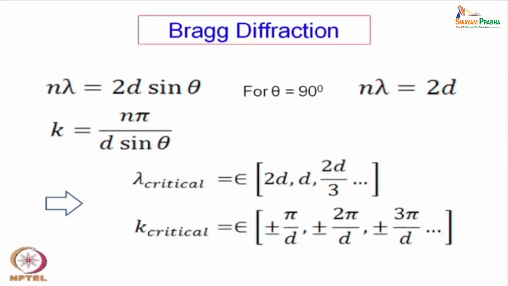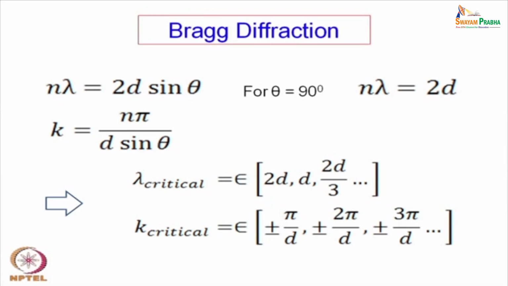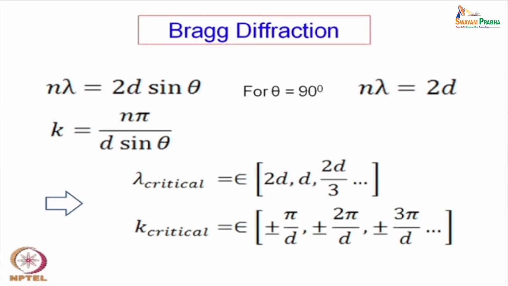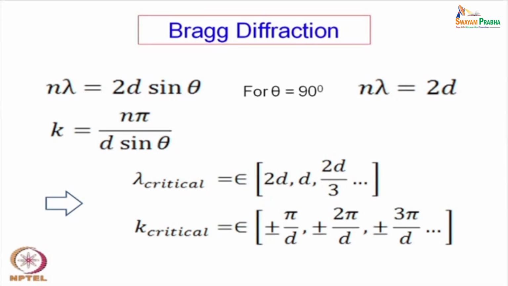Whenever there is a periodic lattice, any wave passing through it has a chance of diffraction, and because of the periodicity there will be constructive interference.